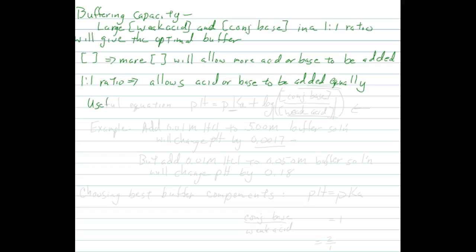A useful equation for these buffered solutions, which is probably the only time I would use it, is the Henderson-Hasselbalch equation. pH equals pKa, the negative log of the Ka, plus the regular log of the concentration of the conjugate base over the concentration of the weak acid.